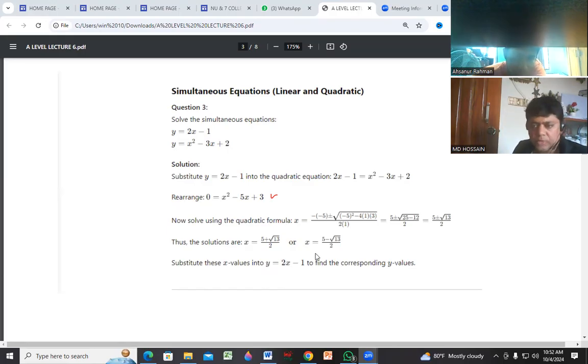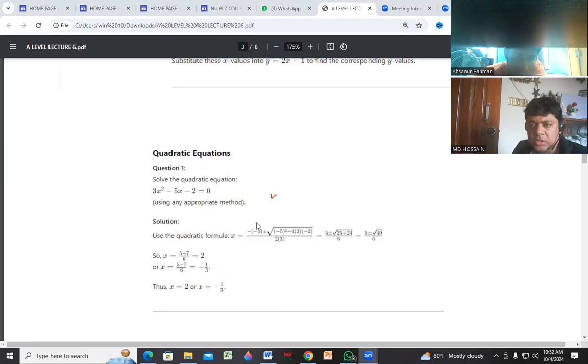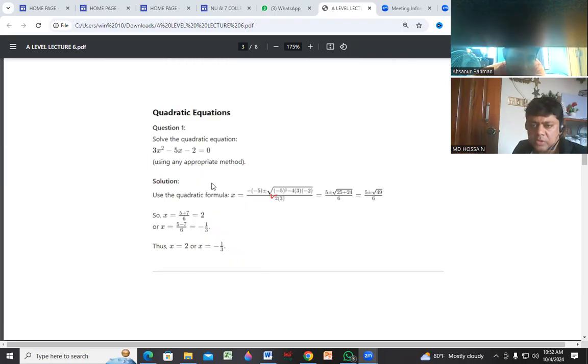Yes, sir. Okay. So this is also another type of problem. Note down question number 1. You will now be able to solve this. I will explain why we use this type of formula.